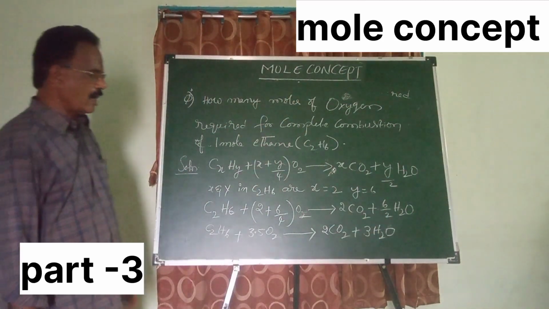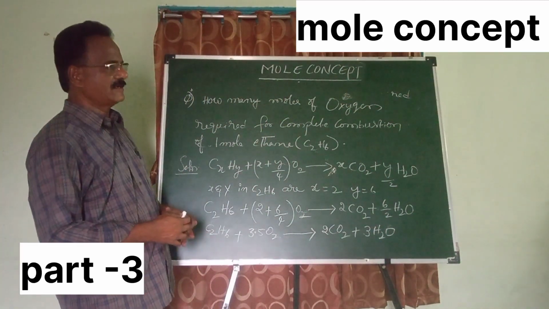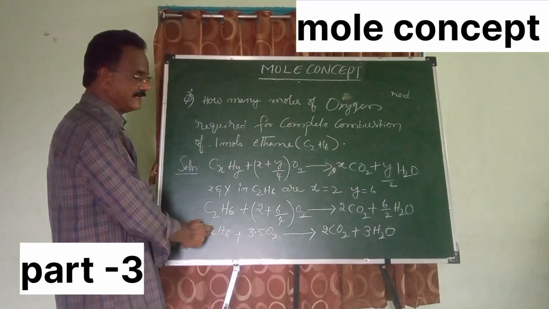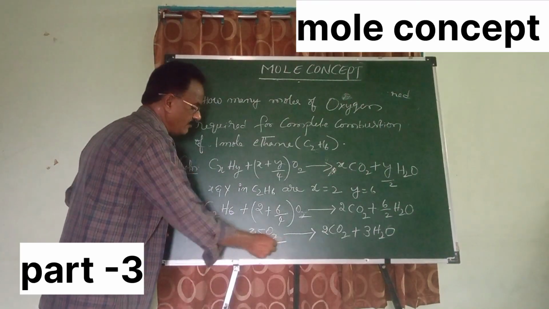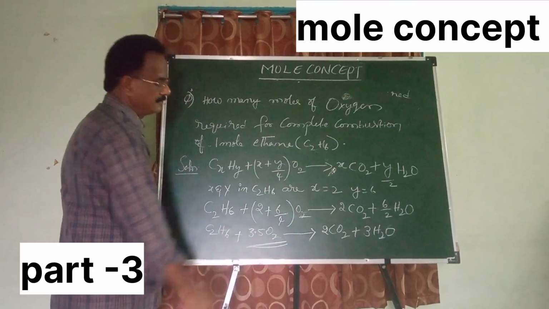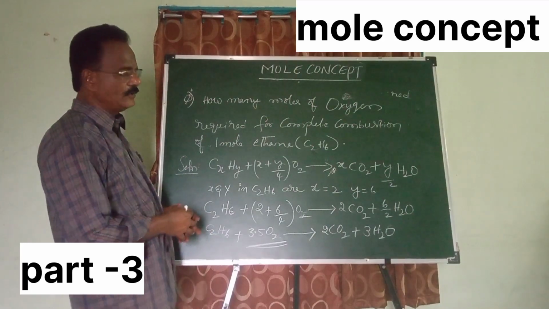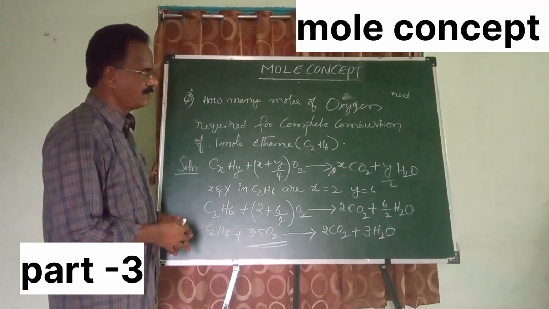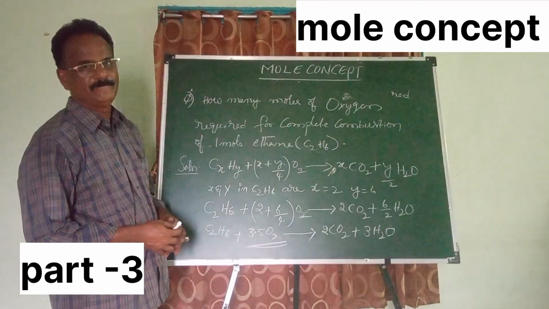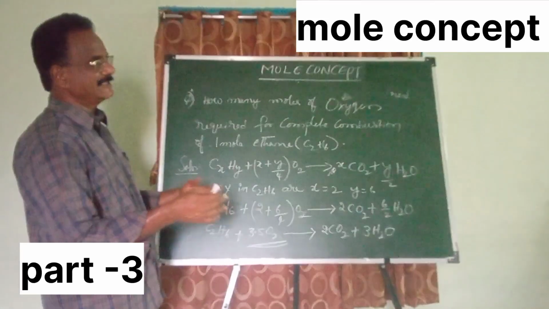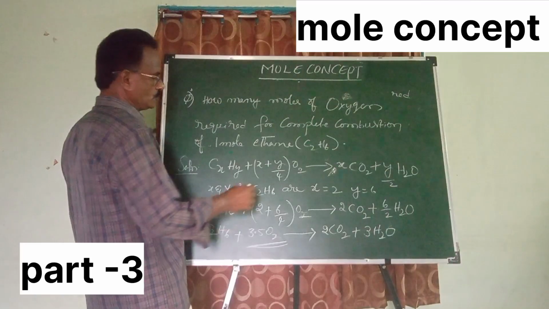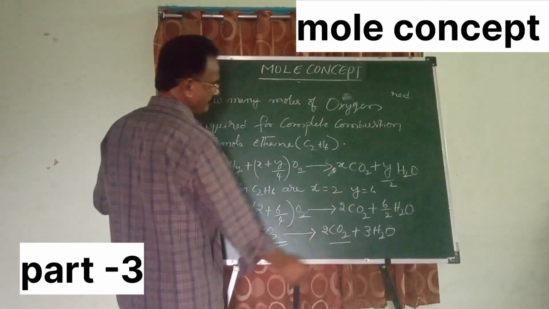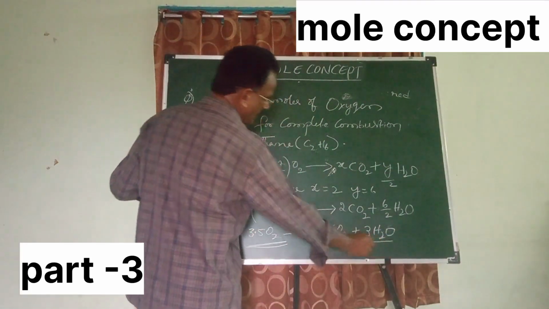Now, how many moles of O2 are required for complete combustion of 1 mole of ethane? 3.5 moles of O2. Another interpretation: 2 moles of CO2 and 3 moles of H2O are released.